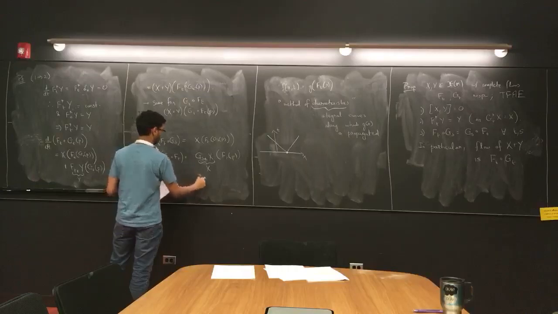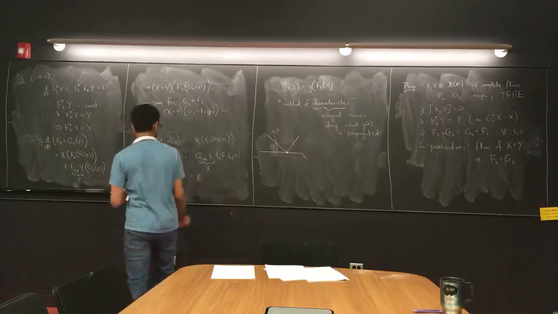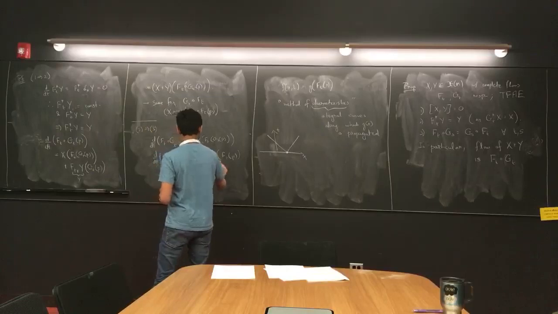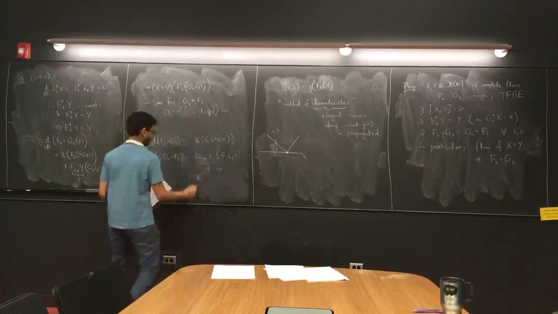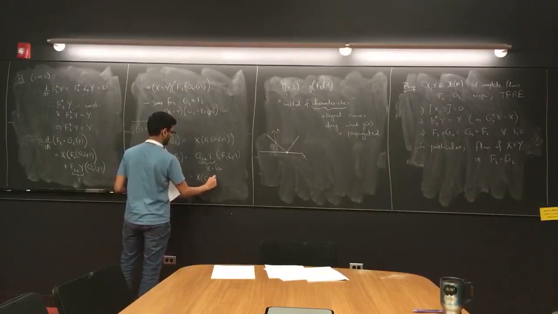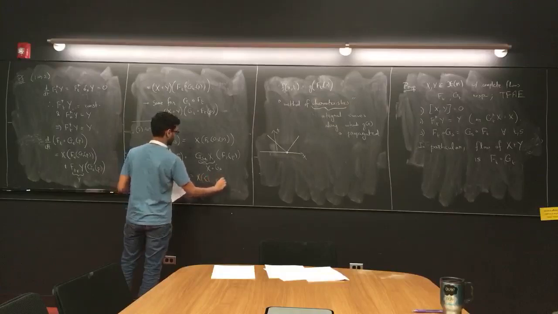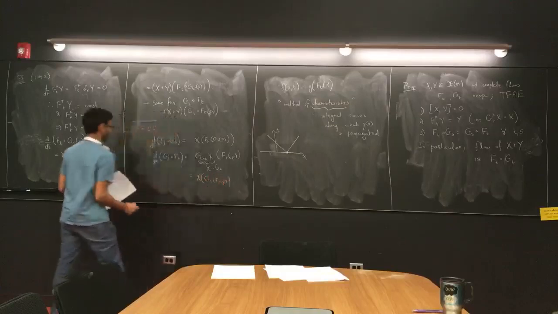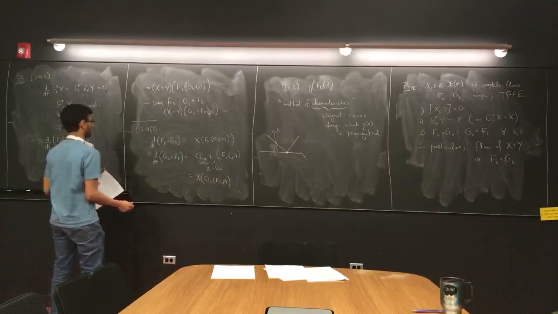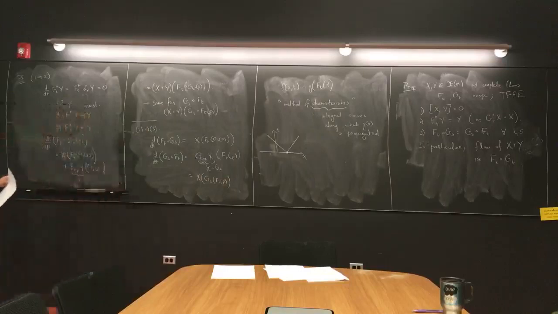So this is x composed with g_s. So this is x g_s of f_t of p. Wait, but these are still not the same.